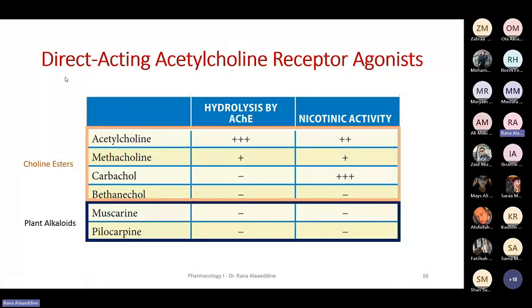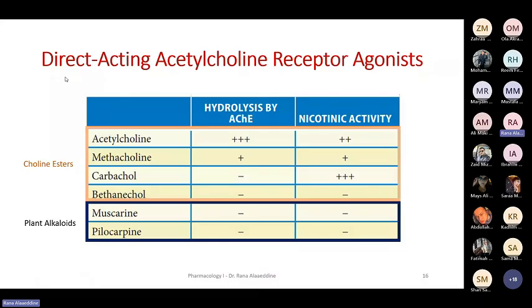So, guys, carbachol and bethanechol, do they get hydrolyzed by acetylcholinesterase? No, they don't. The duration of action then is? Long. Excellent, it is long. Okay, and carbachol can have nicotinic activity, so it's not good for that purpose.